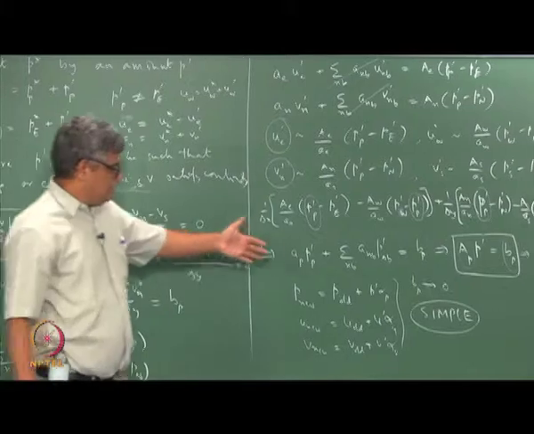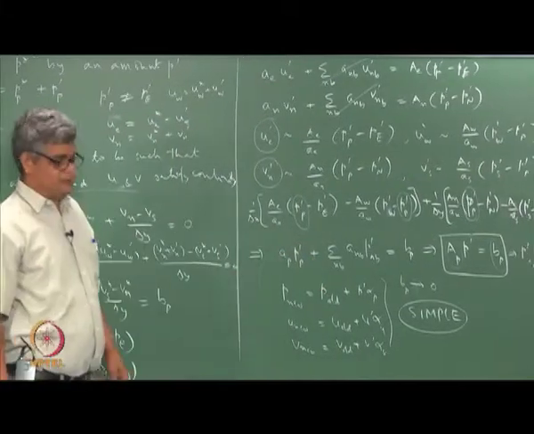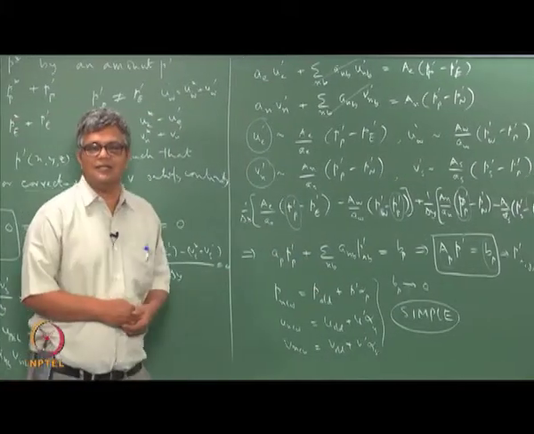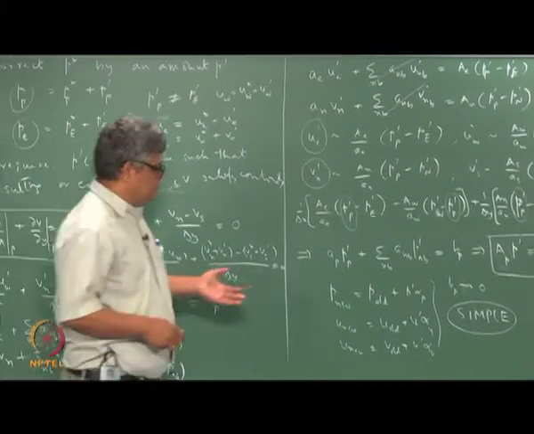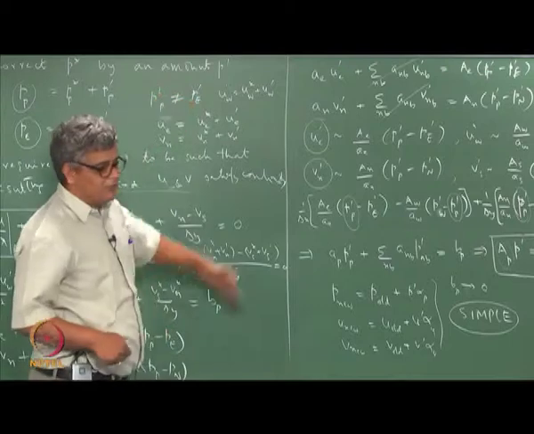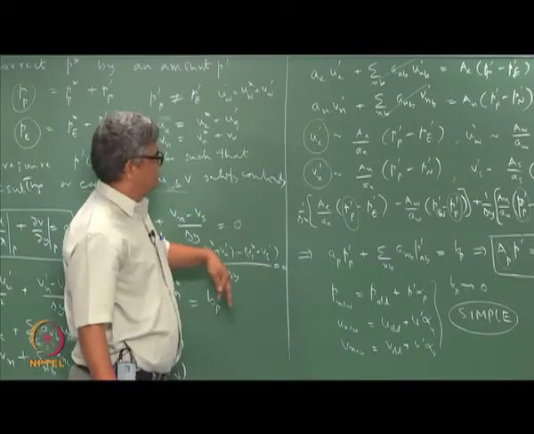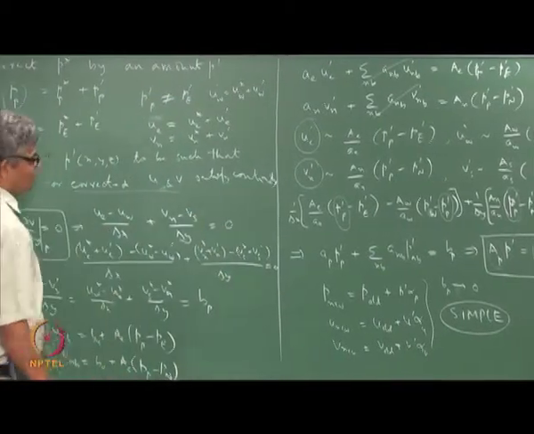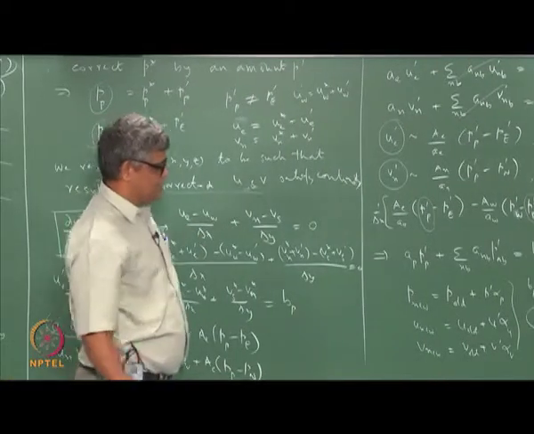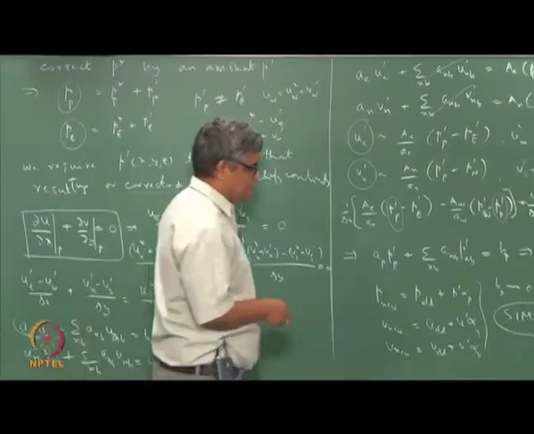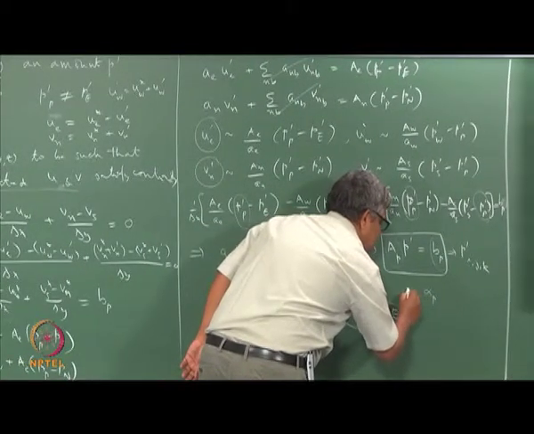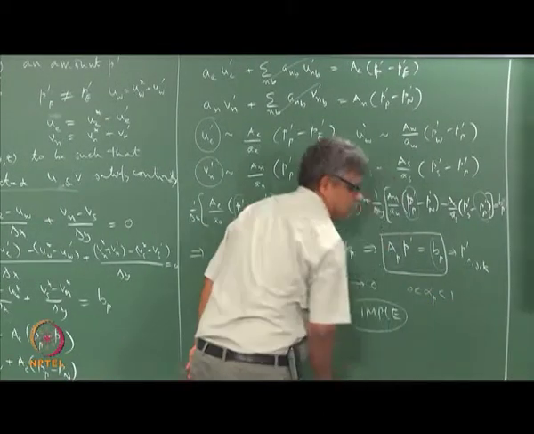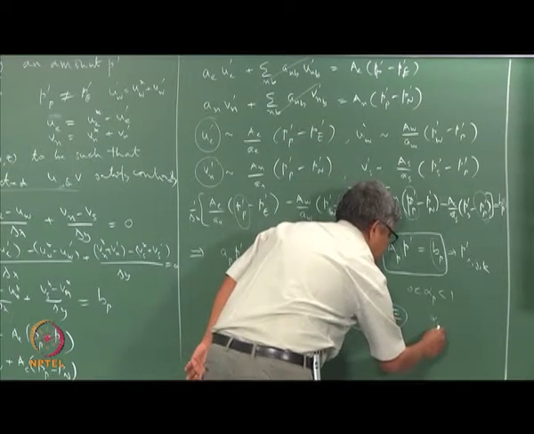Ideally, all the alpha should be equal to 1. Okay. When alpha is equal to 1, then there is no under relaxation or over relaxation, but because we are looking at nonlinearity, because we are looking at coupling, and because we are looking at discretization, for all these reasons we would like to under relax. So, we would like alpha p to be between 0 and 1, and similarly alpha u to be between 0 and 1.